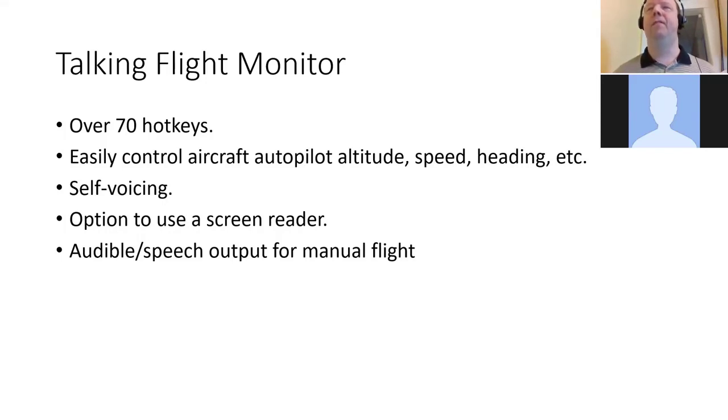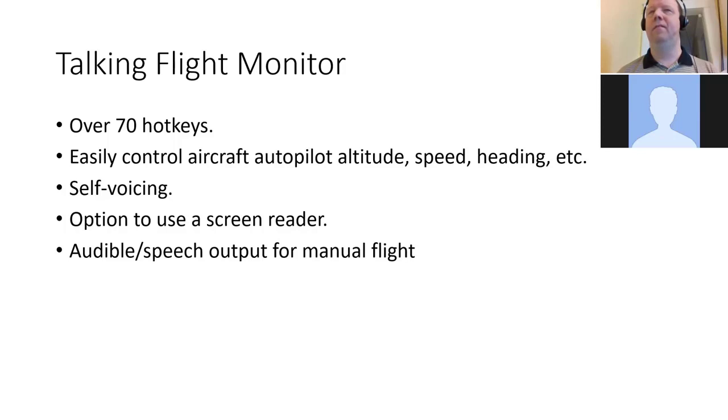Keep keyboard shortcuts meaningful for the user. For example, A generally means altitude, S usually means speed, H heading, and so on. You can easily control altitude, autopilot altitude, speed, and all of its various features with simple keyboard navigation.